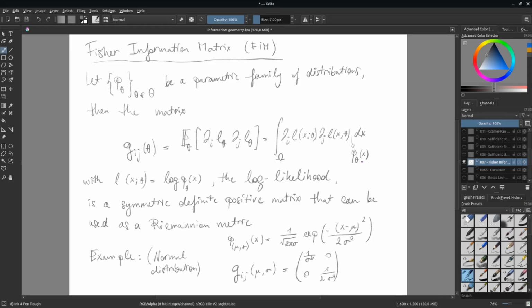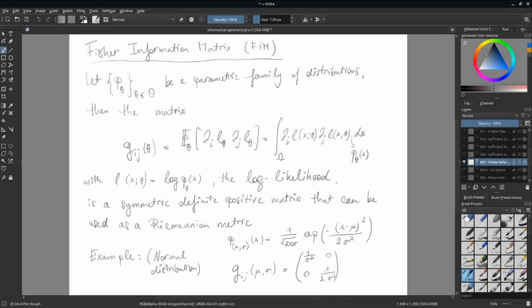So I claim that this matrix, which is defined for any valid vector of parameters, is going to be a symmetric positive definite matrix. And because it's symmetric and positive definite, we can actually use that as a Riemannian metric. There's no reason why not. So, for example, let's take the normal distribution.